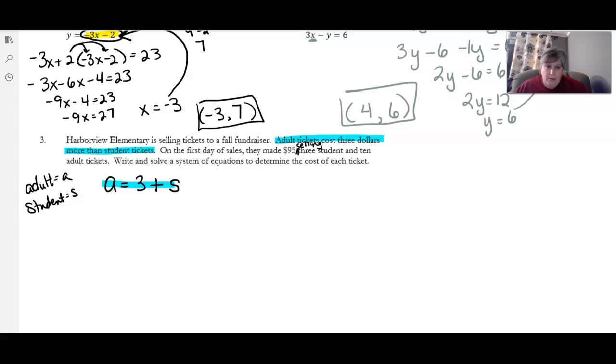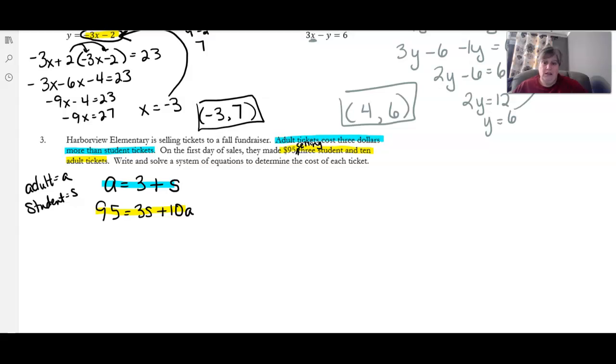Big typo. Your paper's probably going to be okay because I'll go and edit it right now. So they made $95 selling 3 students and 10 adults. Okay, so they got $95 by selling 3 students and 10 adults. And that's it. So a lot of these equations are not as hard to solve or to set up as you may think. Okay, and so that was the yellow one.